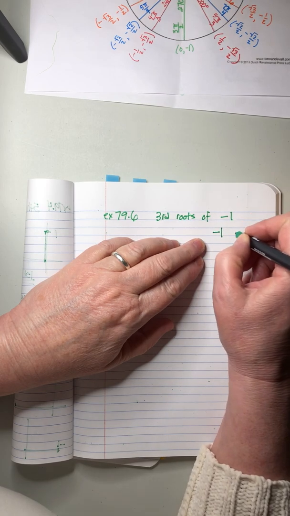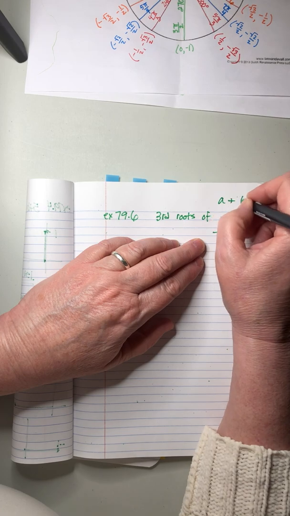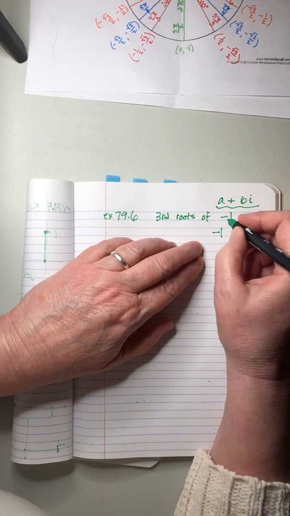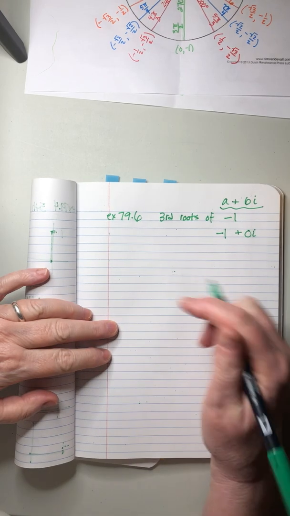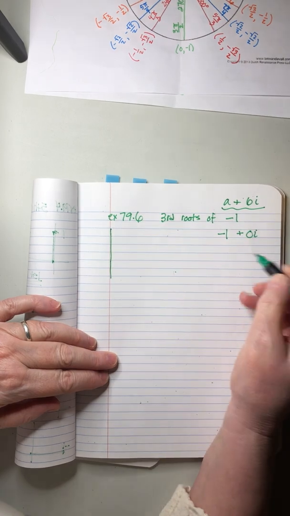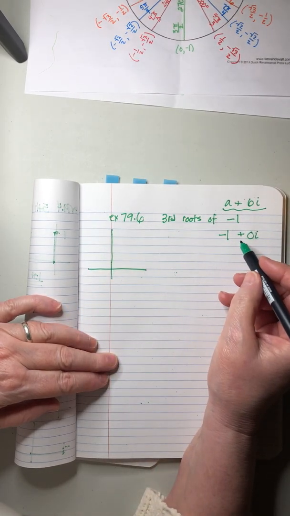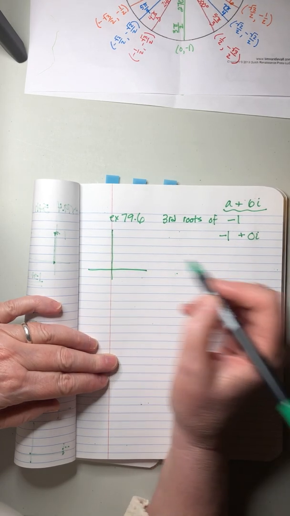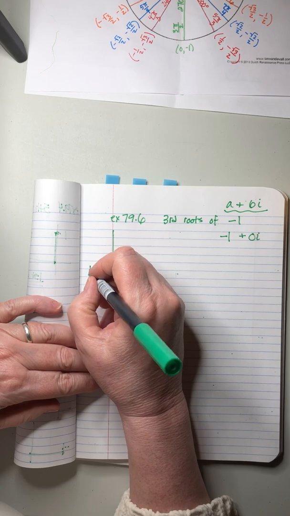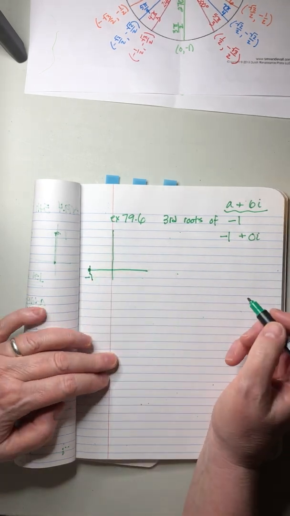It would be -1 plus 0i. I should write this just to remind you. That's the form we need the rectangular number to have. All right, -1 plus 0i. Let's take a look at that. Oh, we just did that, didn't we? So it's -1 on the x-axis and 0 on the y-axis. So it's right here, right?